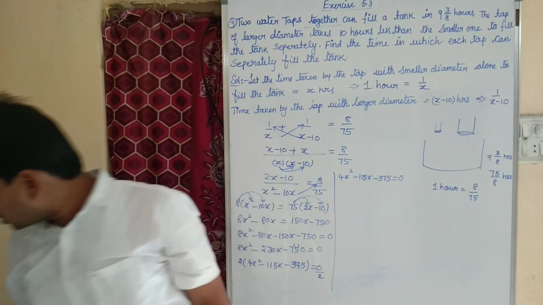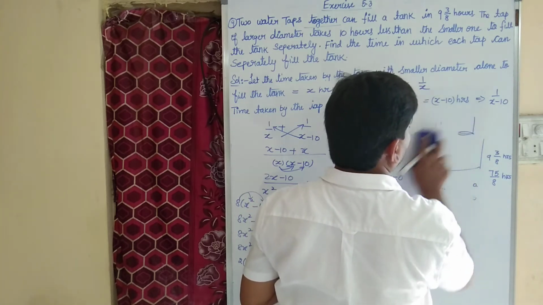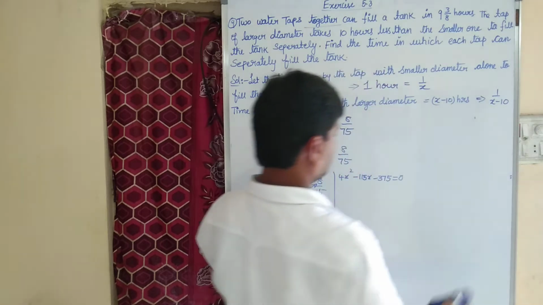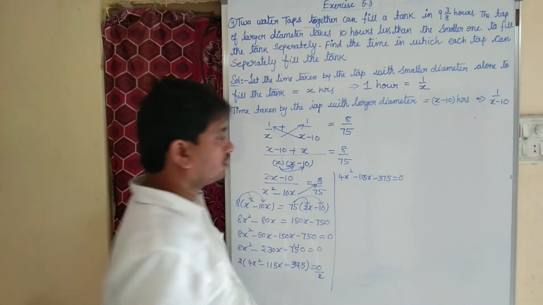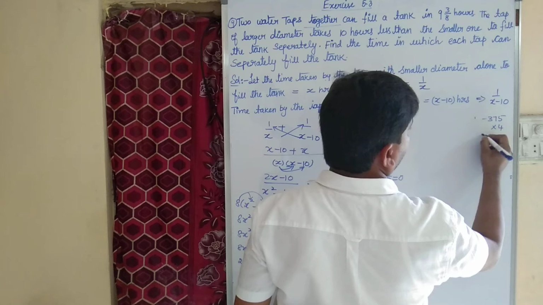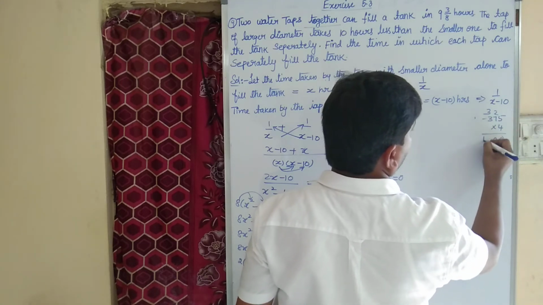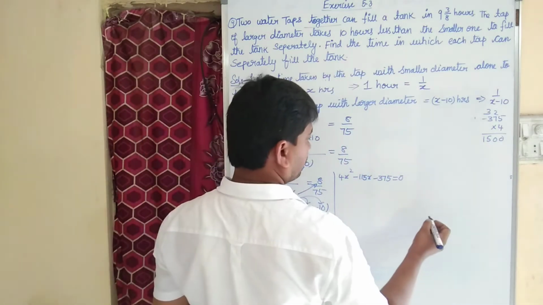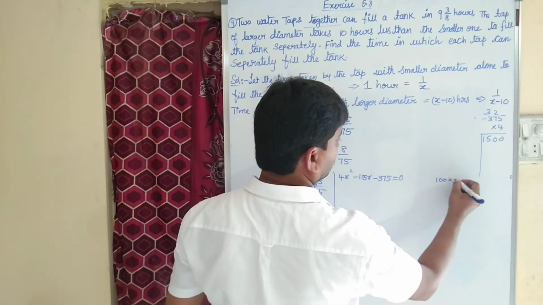So the constant is 375. Multiply 4 into 375, that is 1500. 1500 means I think 100 into 15.